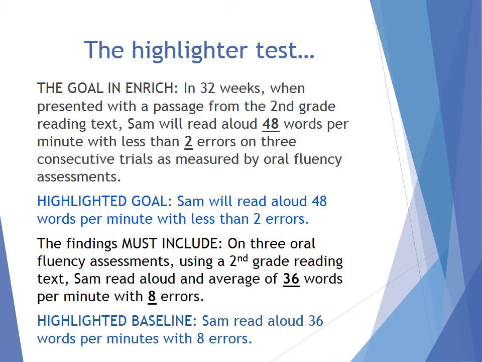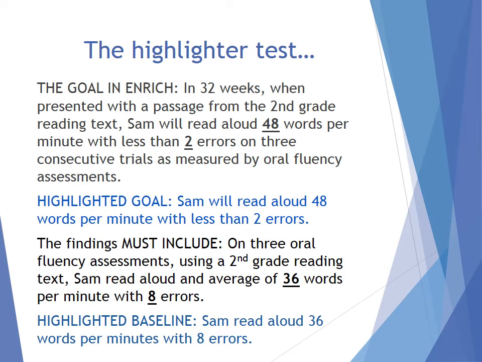So then I'm going to go to the findings, and they must include a version of, on 3 oral fluency assessments using a second grade reading text, Sam read aloud an average of 36 words per minute with 8 errors. So now the findings have told me exactly where Sam is now, and the goal has told me exactly where I want Sam to be.